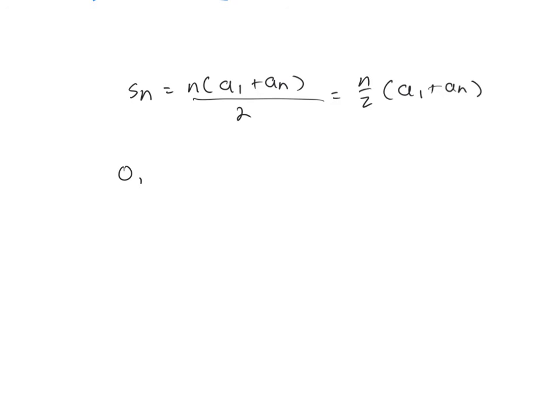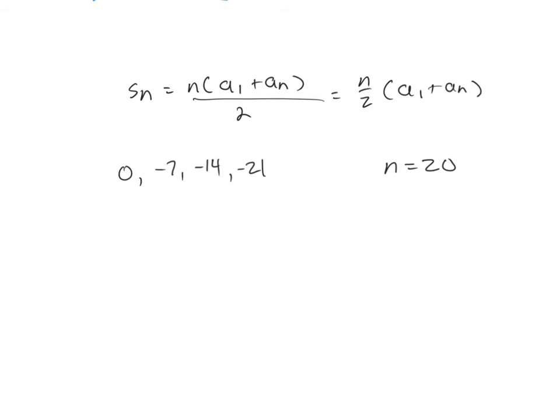The formula there is S sub n equals n times a sub 1 plus a sub n, all divided by 2, or we can say n divided by 2 times a sub 1 plus a sub n. Let's give this a whirl. Let's say we have 0, -7, -14, -21, and my n value equals 20. So there are 20 integers here.